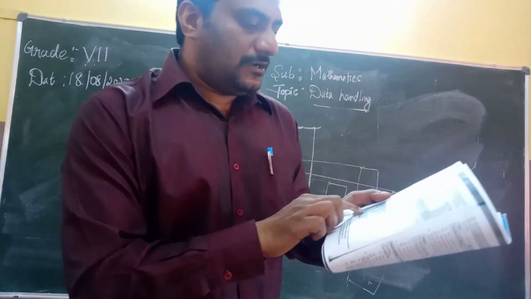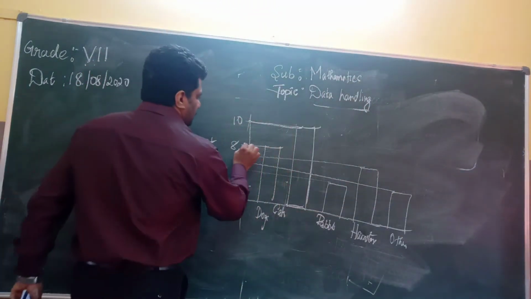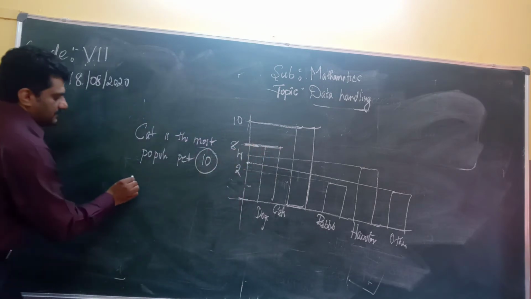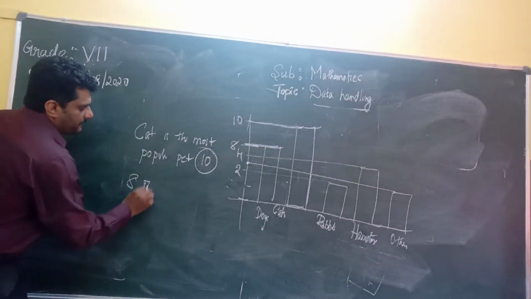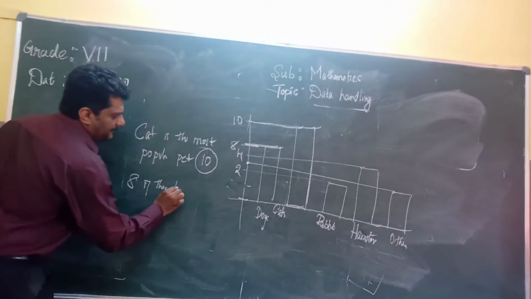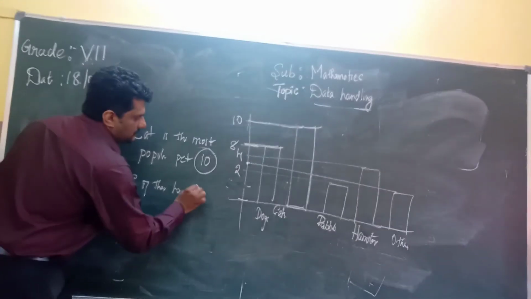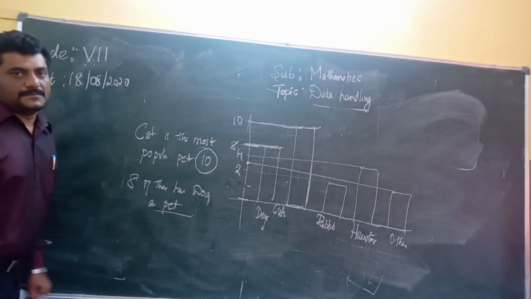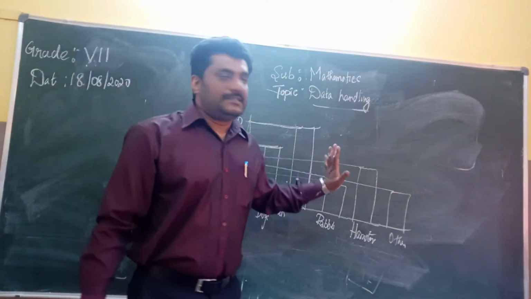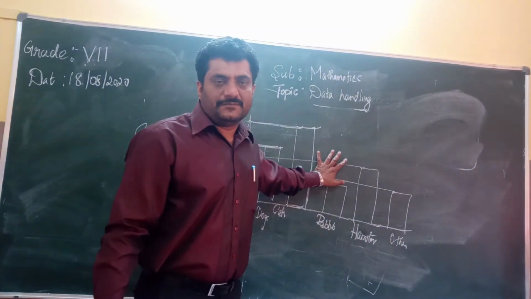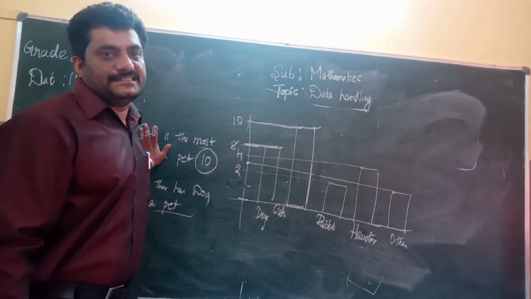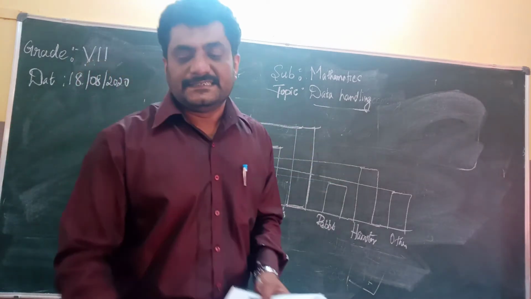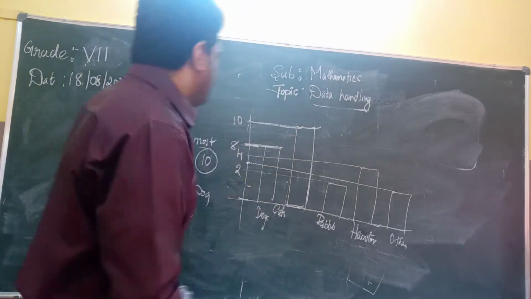Now in this, if you see dog here, it says 8. So you can mention that 8 of them have a dog as a pet. Now in this question, what they have done is they have given the graphical representation and you have to answer the questions which they have given. And this is in 3.3, the first problem.